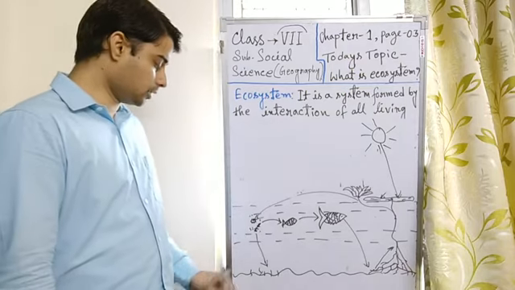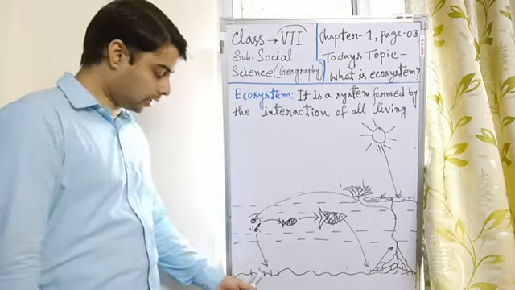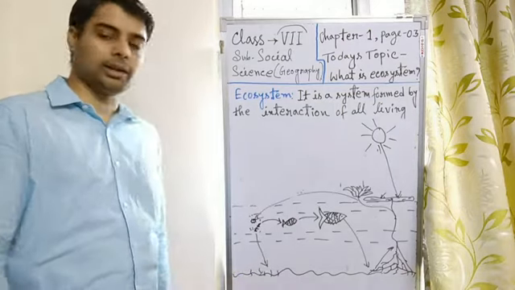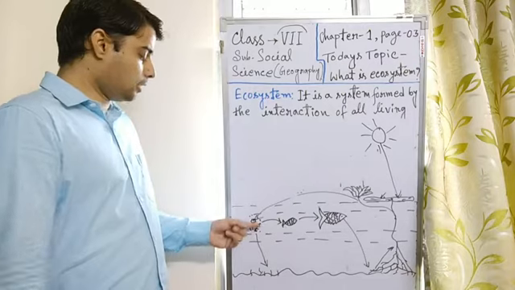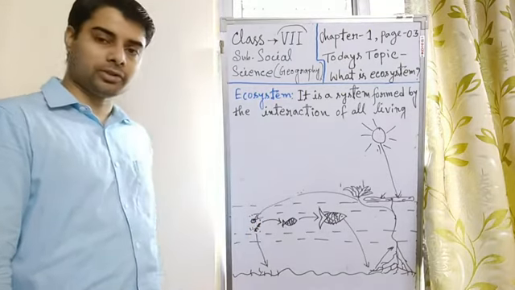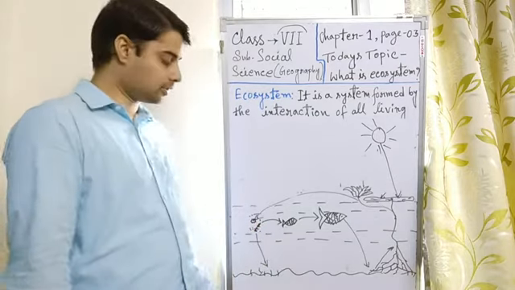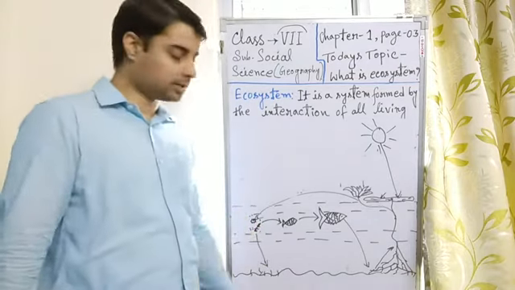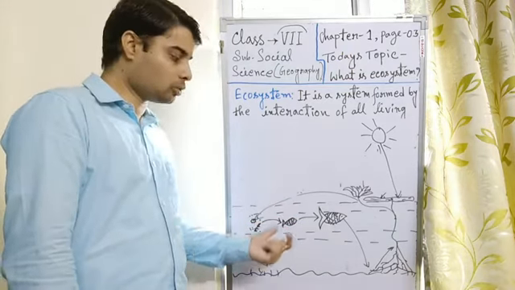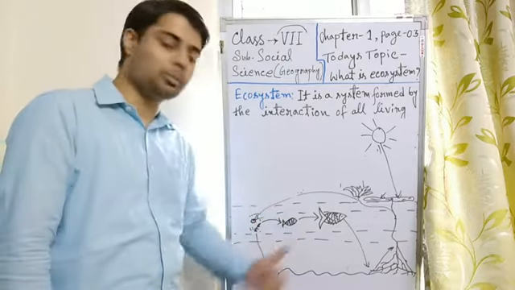Those zooplanktons, tiny animals, eat those phytoplanktons and collect the energy, and then the energy is transferred when those are eaten by small fishes. Small fishes also eat those zooplanktons and phytoplanktons, and then from the body of the small fishes, that energy, which was in the body of zooplanktons, is transferred into the big fishes.